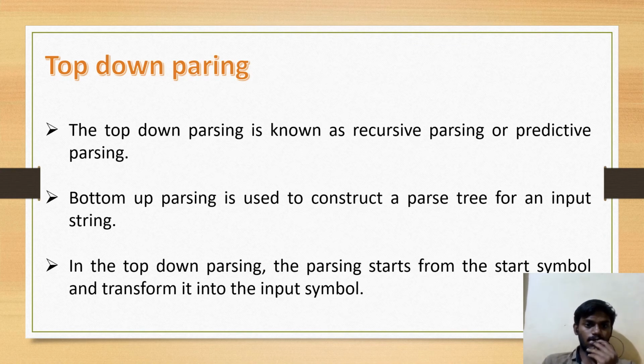Top-down parsing is known as recursive parsing or predictive parsing. Bottom-up parsing is used to construct a parse tree for an input string. In top-down parsing, the parsing starts from the start symbol and transforms it into the input symbol.